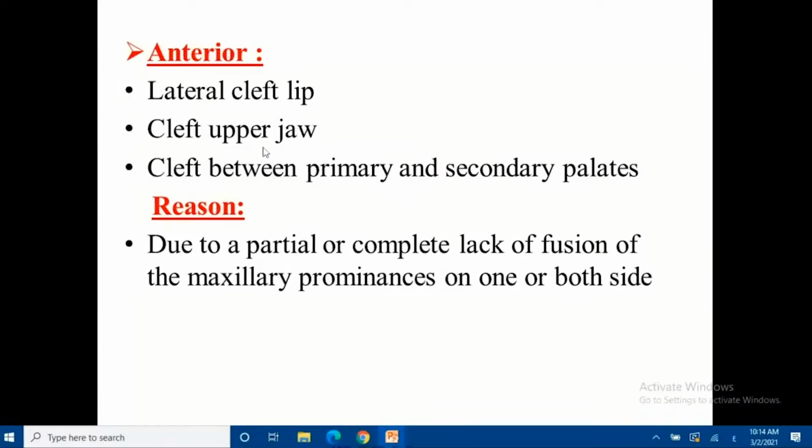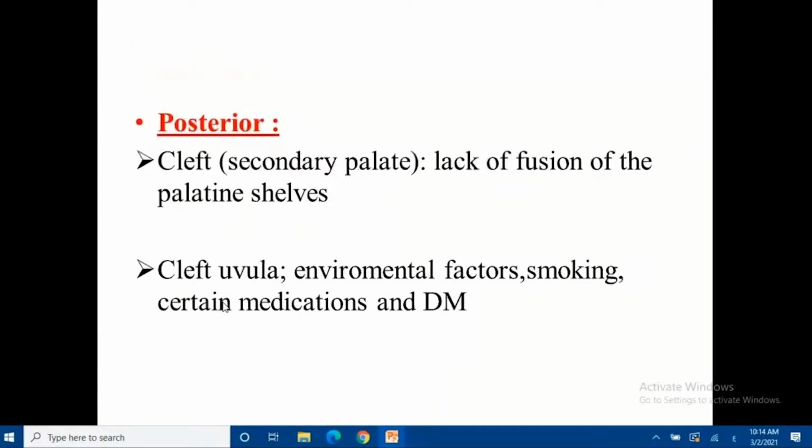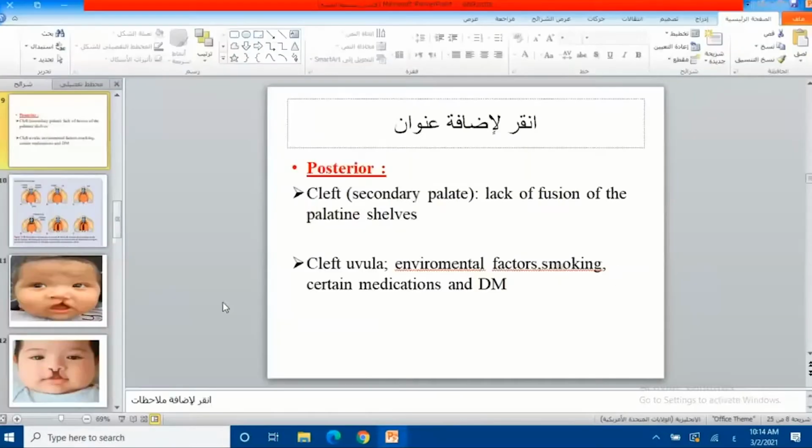For example, if there is a cleft in the lip, we say that there is partial or incomplete fusion of the maxillary prominences, on one side or on both sides. Please let me explain, and I will return to ask you questions to see if you are with me or not.